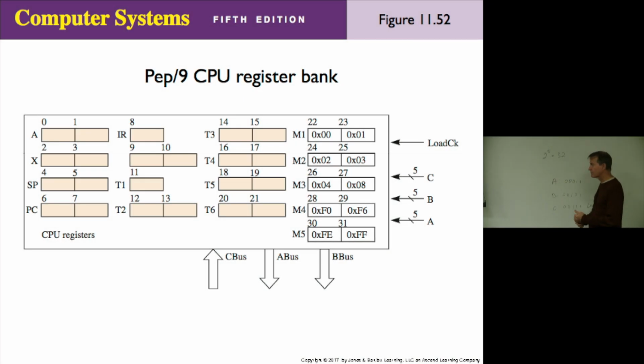That takes whatever is on the C bus from down here, wherever that is, okay? Whatever is on the C bus, and it clocks it into the right half of the program counter.